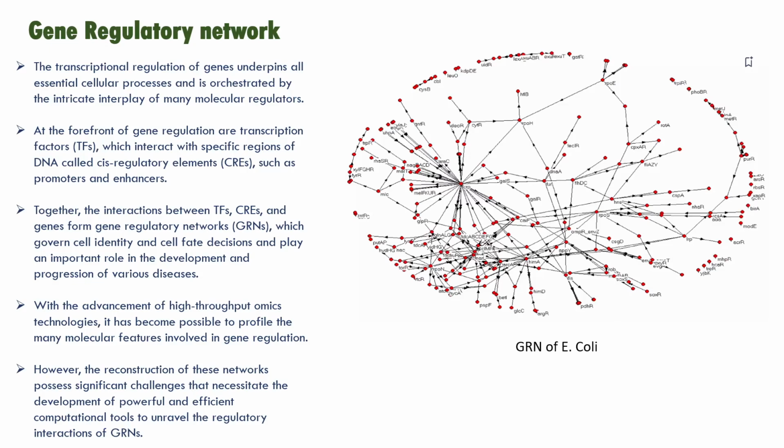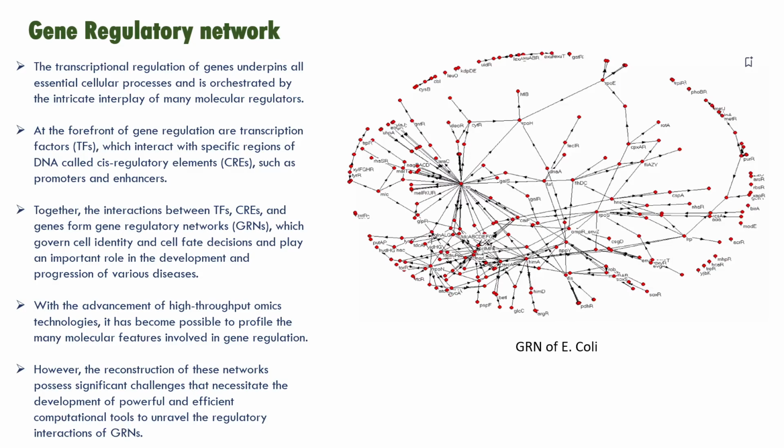So at the forefront of gene regulation are transcription factors which interact with specific regions of the DNA called cis regulatory elements, known as CREs. These regions can be promoters or enhancers or other upstream elements of the DNA of the gene that has regulatory mechanisms.